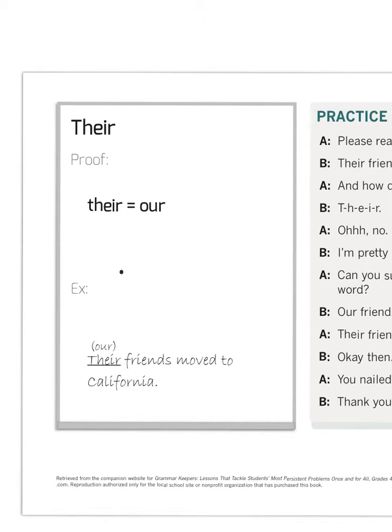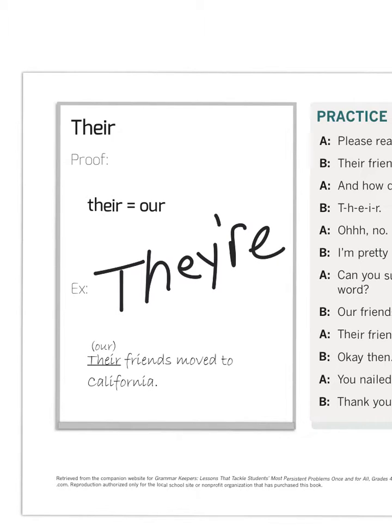Now, what if I tried it with one of our previous forms of there? If you remember, the proof for T-H-E-Y apostrophe R-E was they are, because we said it's a contraction, and so it's two words.